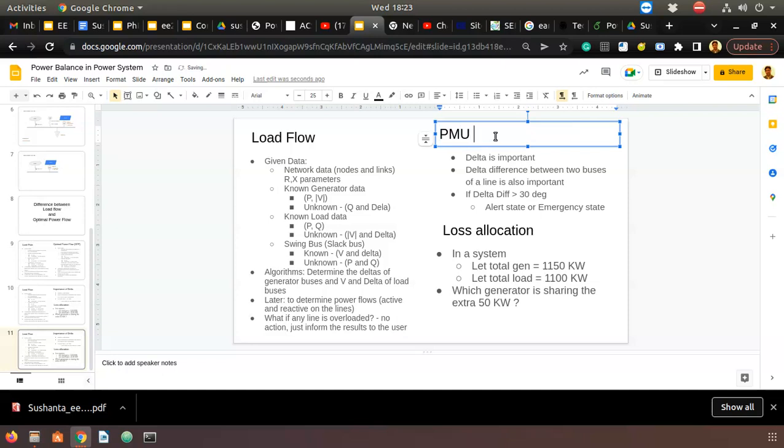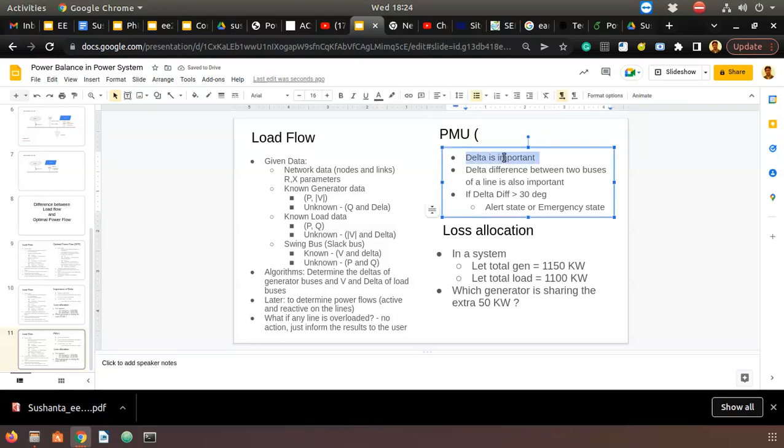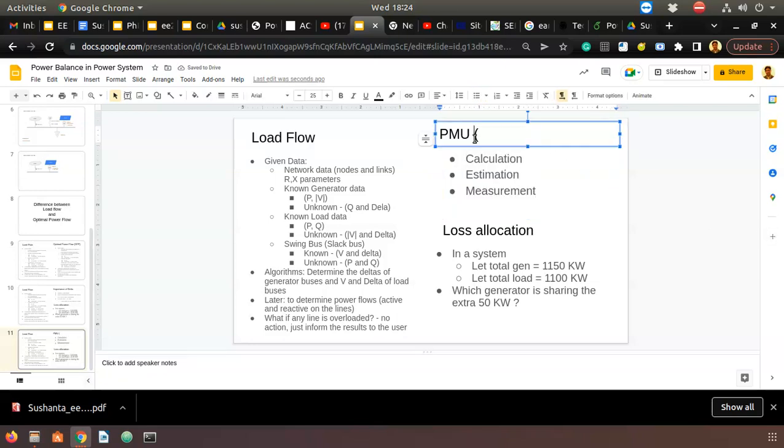See, phasor measuring. Just a minute. Calculation, estimation, measurement. So these three things are important, for delta angles.